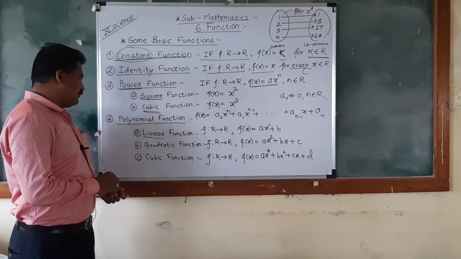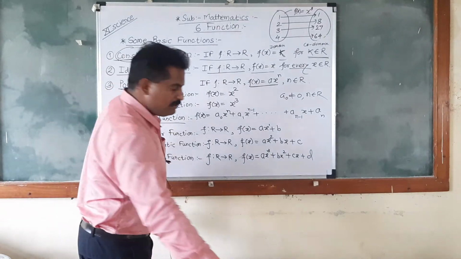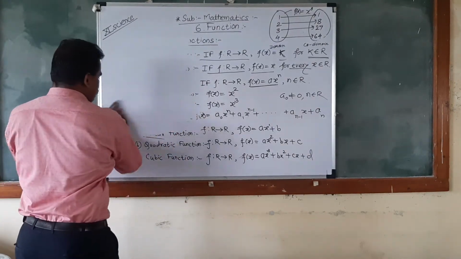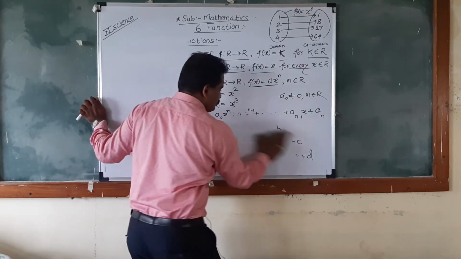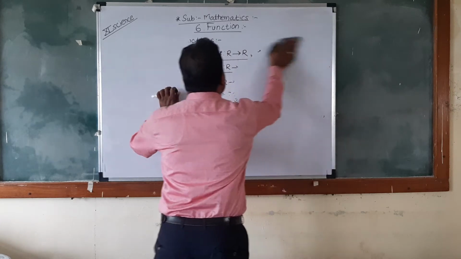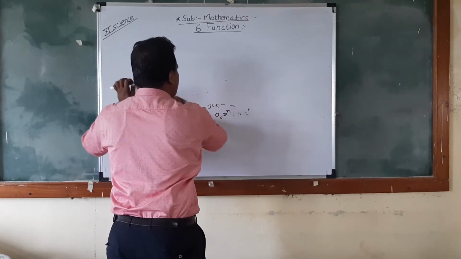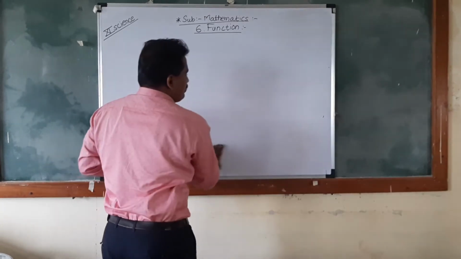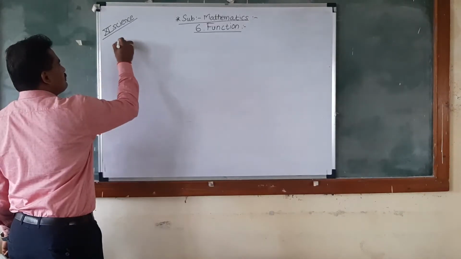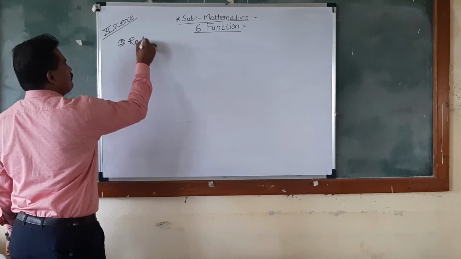These are the 4 types according to the function. Now, the fifth type of function is the radical function.